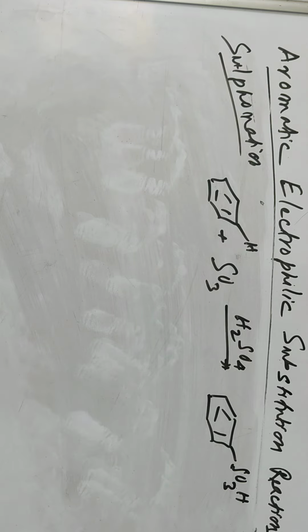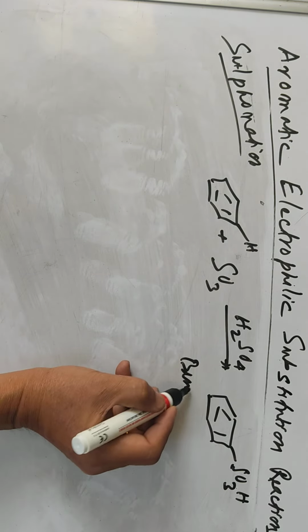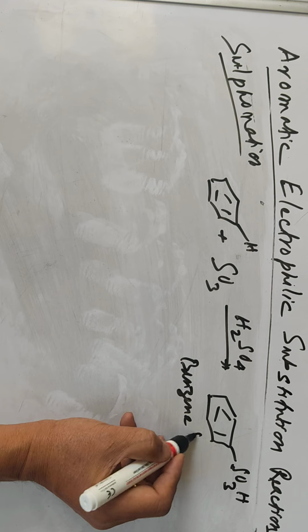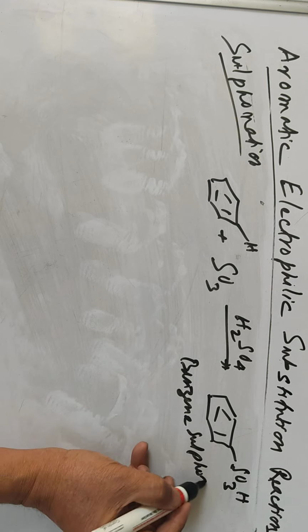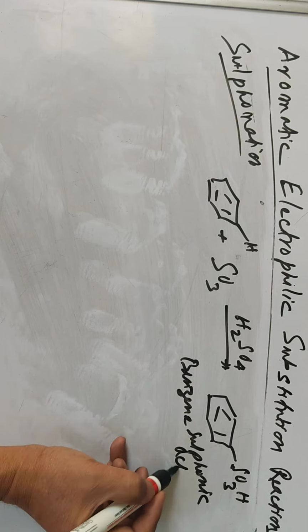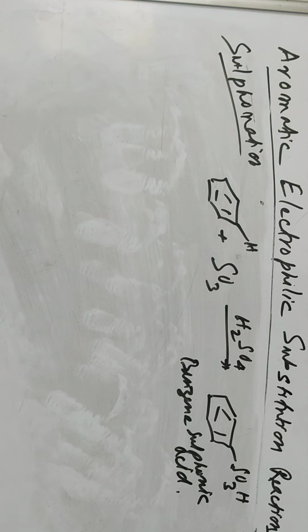So this is the sulfonation of benzene, one of the examples of aromatic electrophilic substitution reactions.